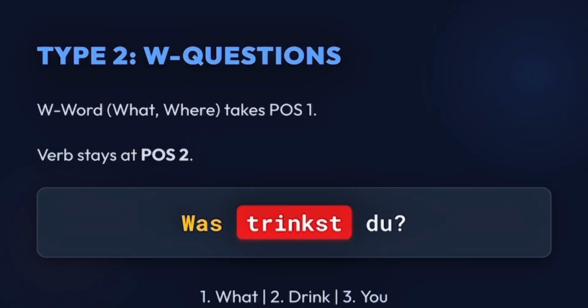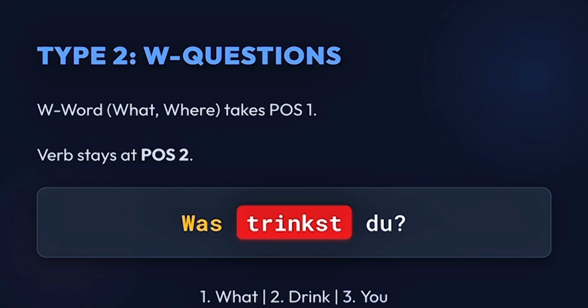Type number 2 is W questions. The word that starts with W, for example, was, wo, always takes position 1. The verb stays at position 2. For example, was trinkst du? Was means what, trinkst is the conjugated verb which refers to du, you.